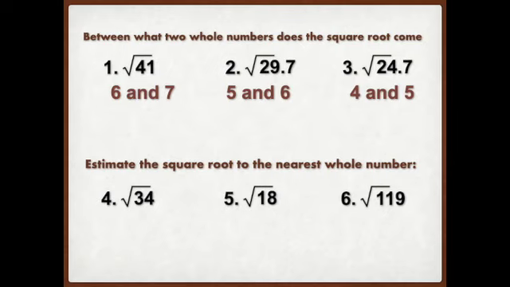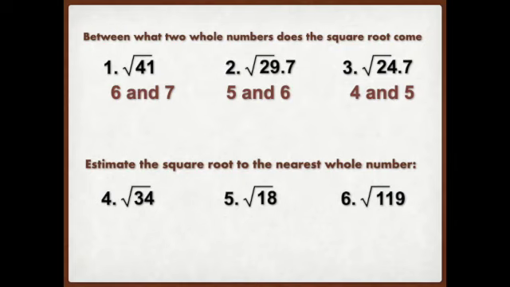Okay, so let's try this. The square root of 41. Now, I want to think in my head, 2 times 2 is 4. The square root of 4 is 2. So that's not even close to 41. 3 times 3 is 9.